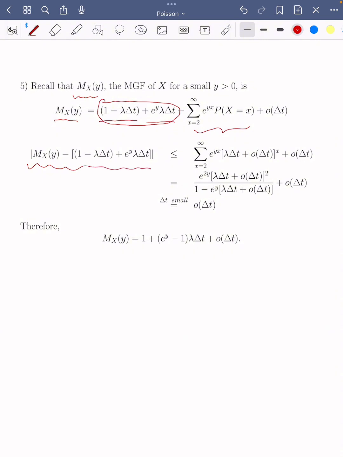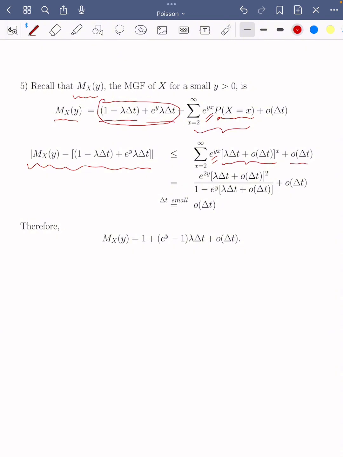So this will be less than or equal to the sum of each of these terms, which is here, and then times, because this probability is less than or equal to this probability, which is the fact that we established on the last page, and then plus this little o of delta t.